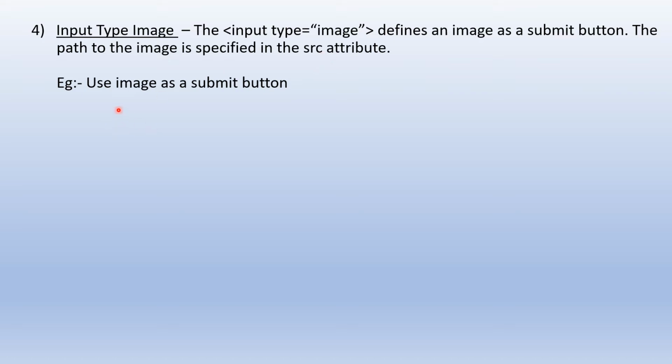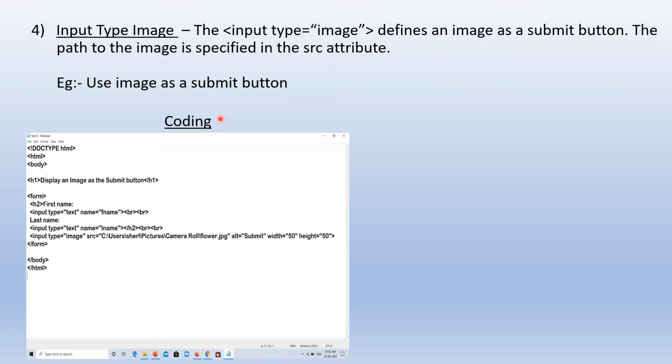Now let us see one example where you are going to use image as a submit button. So this is the coding where we are going to use image as a submit button. Here you are going to enter first name, last name and then input type is equal to image. So see here, instead of writing submit, I am using image.